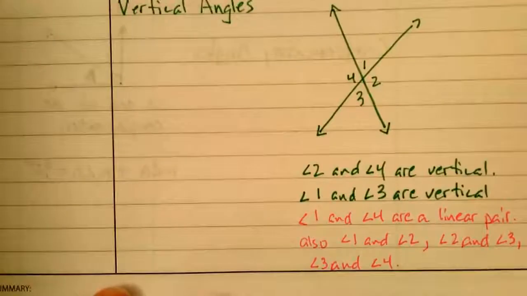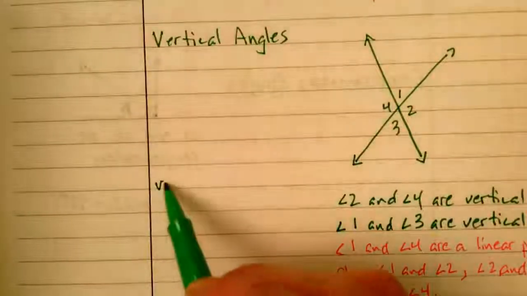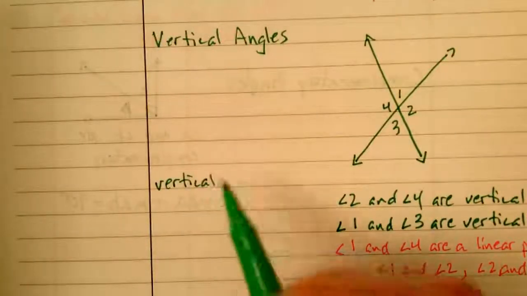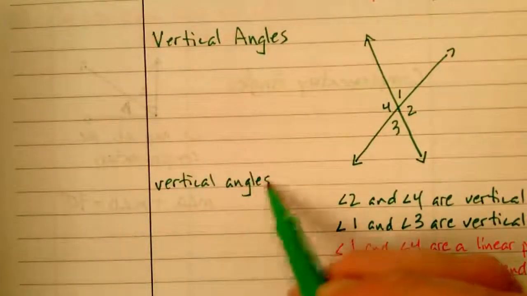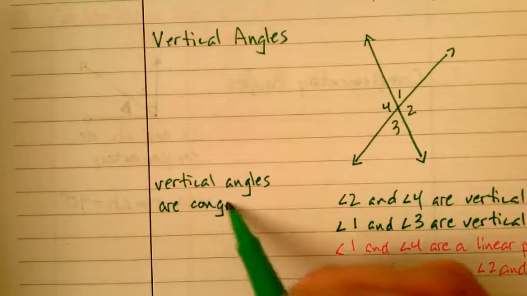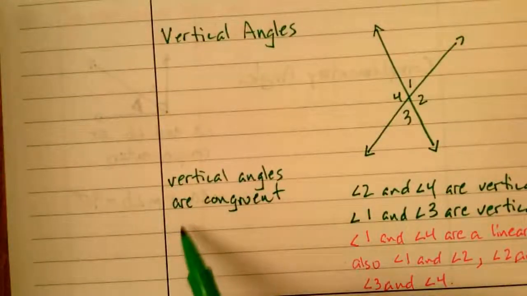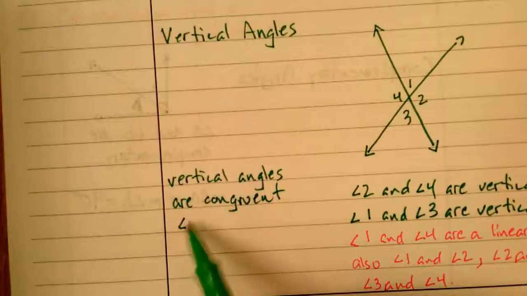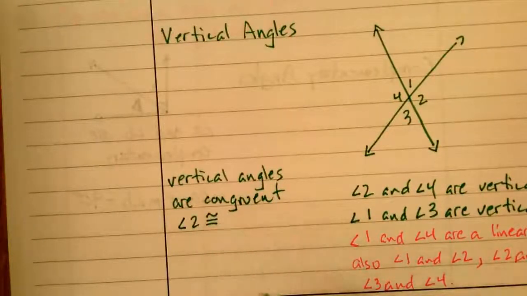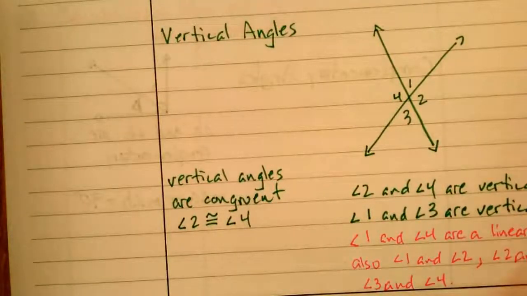Okay. And the key with vertical angles is vertical angles are congruent, which means we would say, for example, angle 2 is congruent to angle 4.